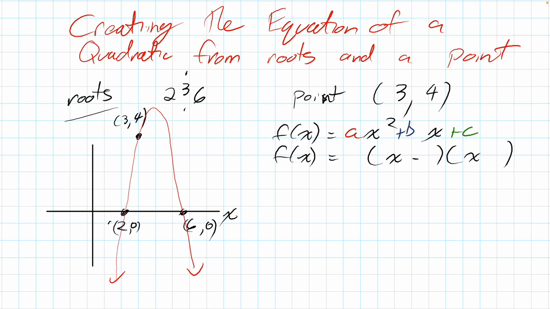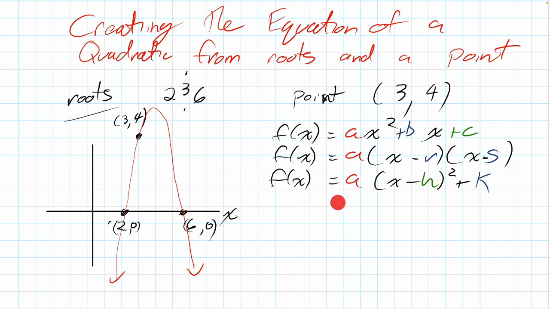Lots of different people use different letters for those two. I should write a subtraction sign there. And you have your vertex form, a(x minus h) squared plus k, with h and k. Notice the a value is the same all the way through. We always have that.